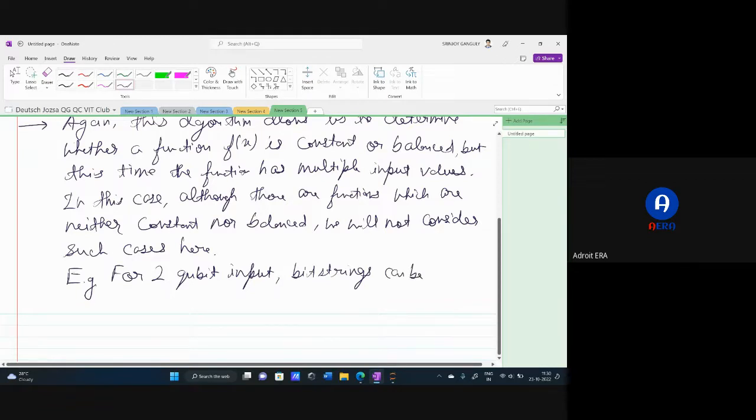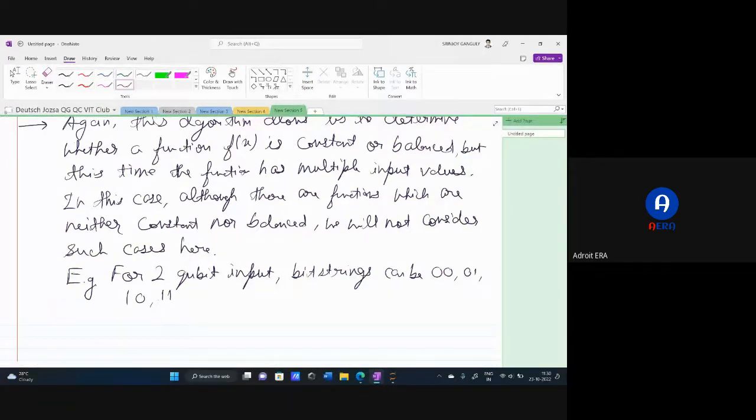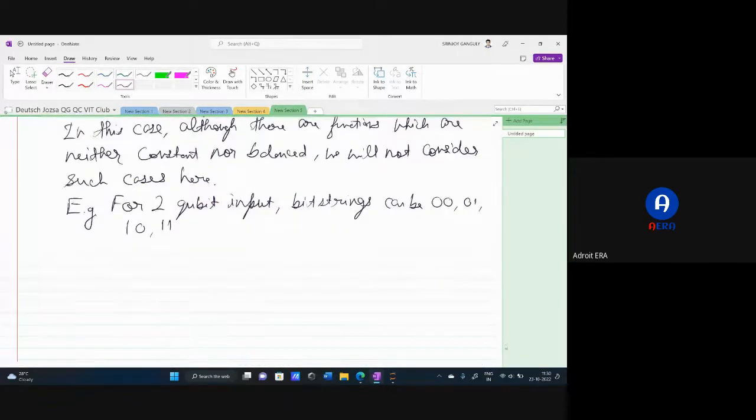Those states which you define, like 00, 01, those are bit strings. Bit strings can be 00, 01, 10, 11. This is for 2 qubits, and you already know this. You can put the ket also. I have not put it, but that's not a big deal.